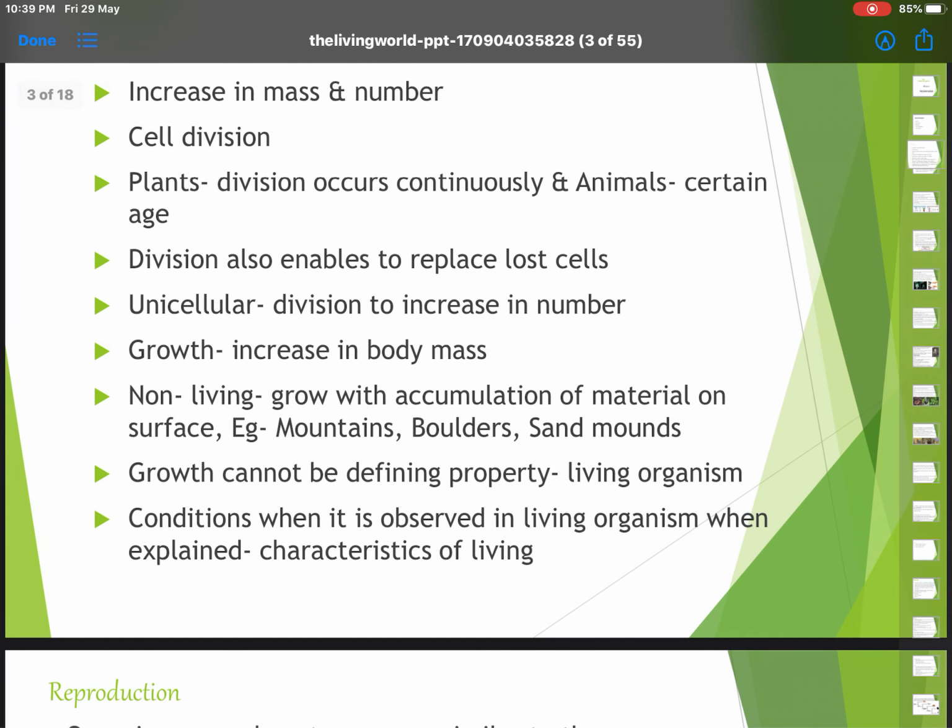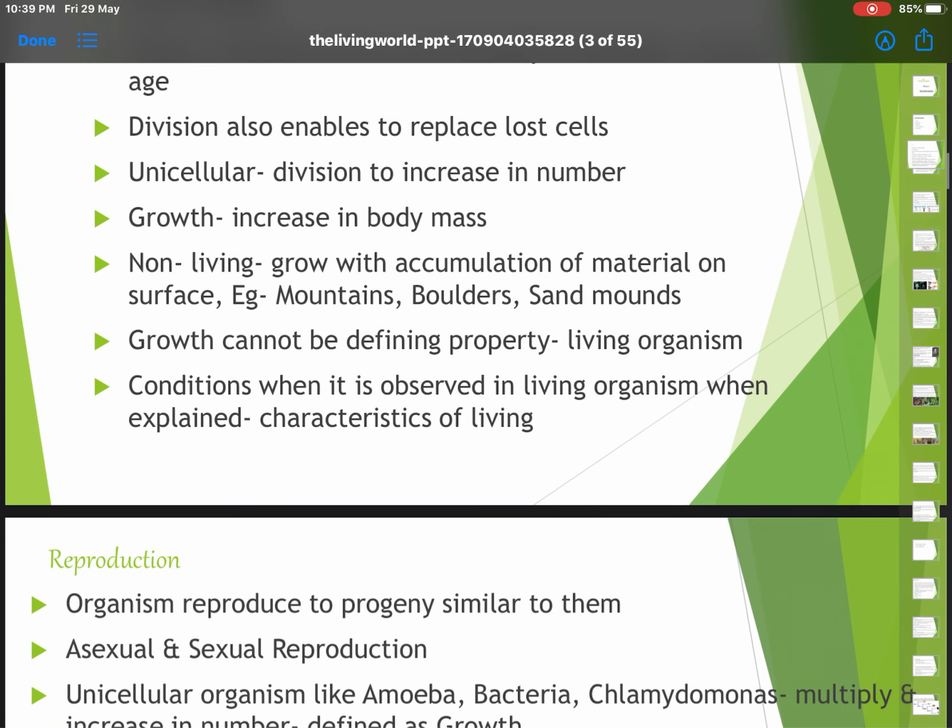And some organisms are unicellular, like amoeba, where the whole body of the organism is made up of only one cell, and that cell also undergoes division, and that results in reproduction. So growth is not only increase in mass but also increase in numbers.